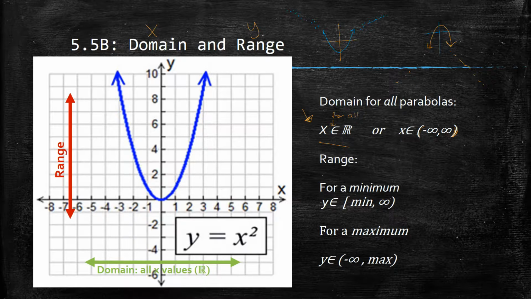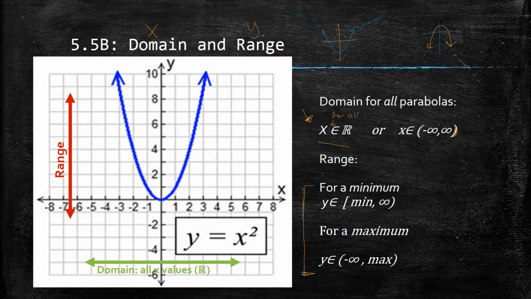Now the range is a little bit different, and that's where your minimum and your maximum come into play. So this is going to be kind of an outline setup that I'm going to give you for you to kind of know how you're going to set up your domain and range.